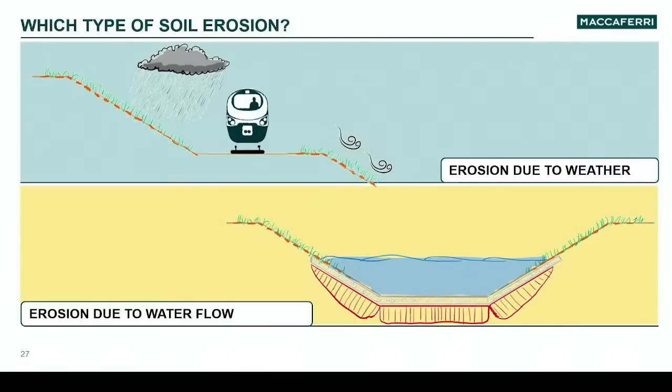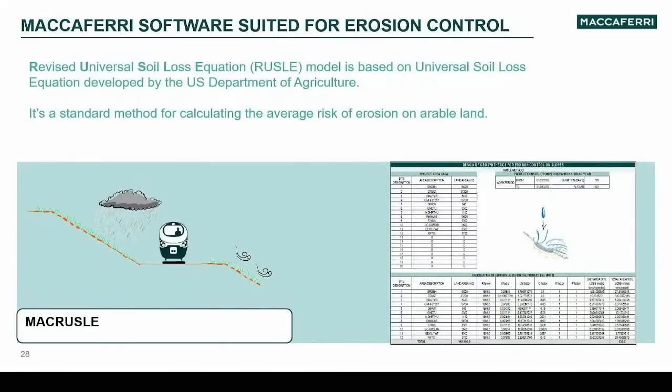Now we all know about the famous Russell equation, which is a model developed by the U.S. Department of Agriculture, telling about the universal soil loss. So we have developed an advanced software to calculate this soil loss and the impact when we are using a solution for protecting against this erosion.